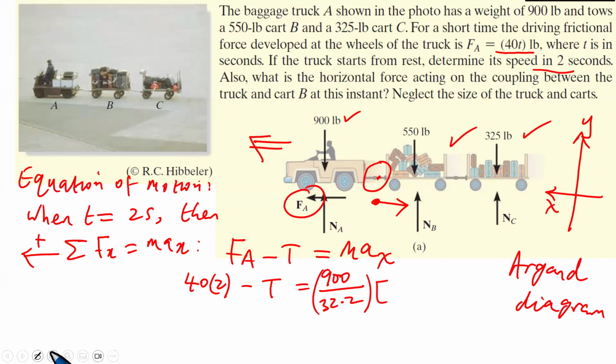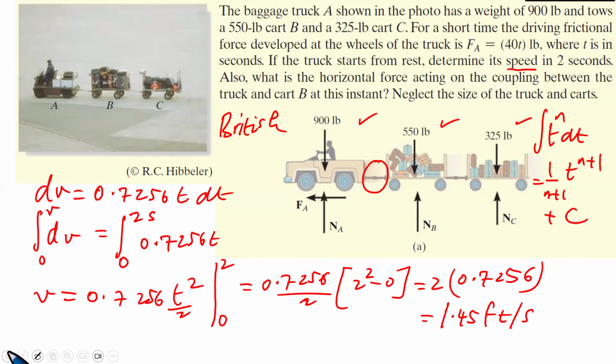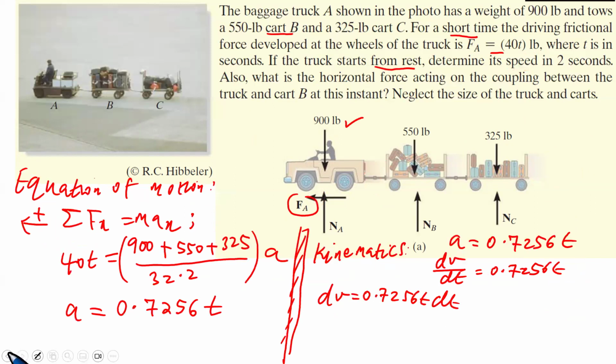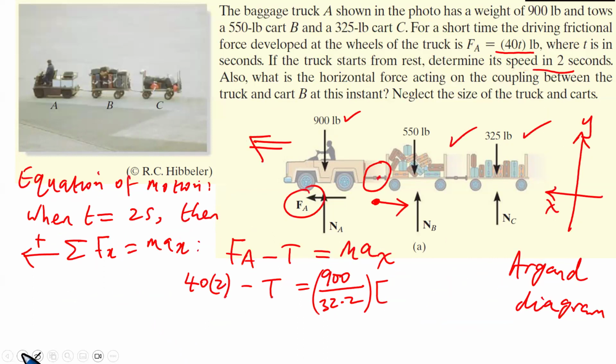We saw before that the acceleration in the x direction is 0.7256 t, and t is 2, like this.